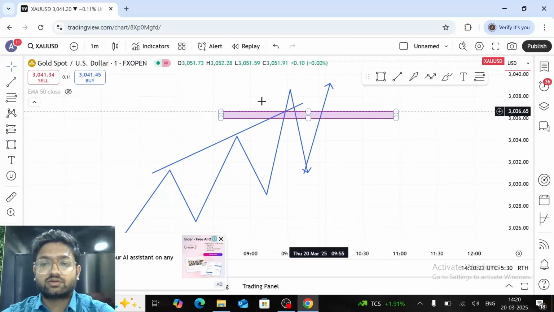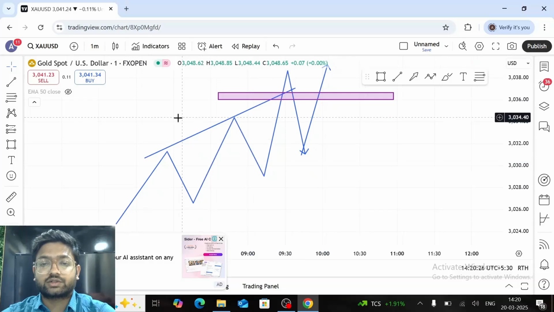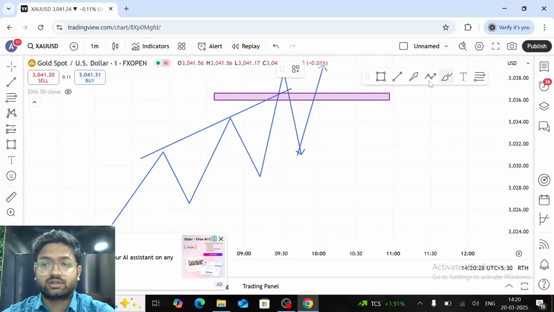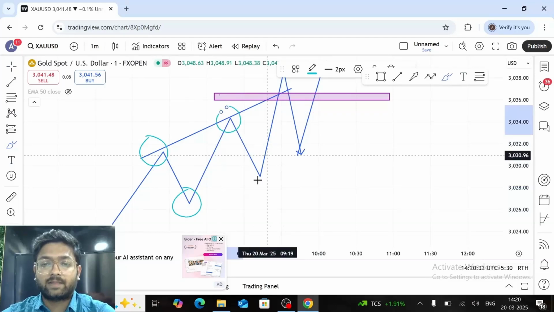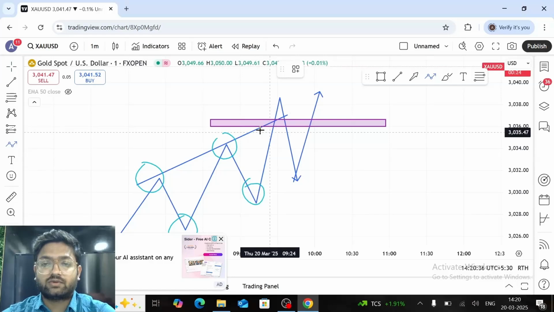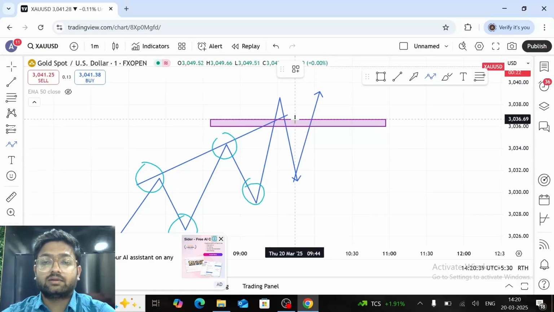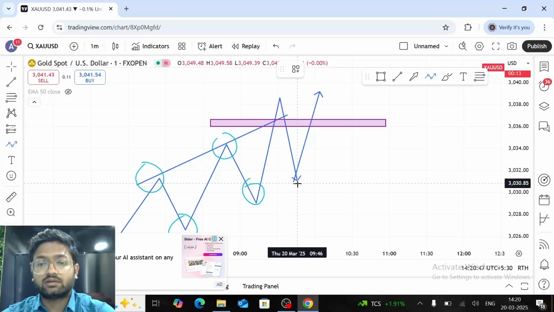This is a resistance zone for this particular setup because the market is in a bullish structure, with higher high, higher low, higher high, higher low. So whenever the price touches the trend line for the third time, the price should breach the trend line, and then respond back to at least a 50% retracement.